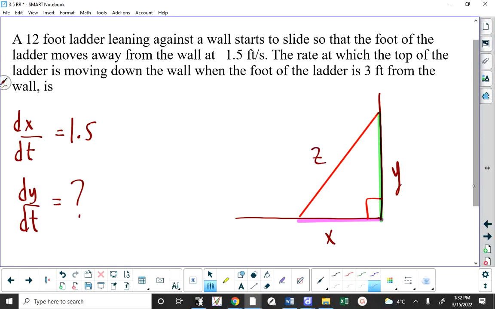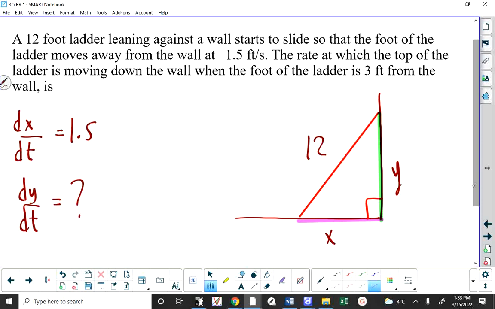Well, you can if you like, but you don't have to. I'll show you what happens if you do put a variable there. But in the meantime, I'm going to put 12. Now, I told you earlier, and I put it in bold in our steps, you're not allowed to put the value in for something until after you differentiate.